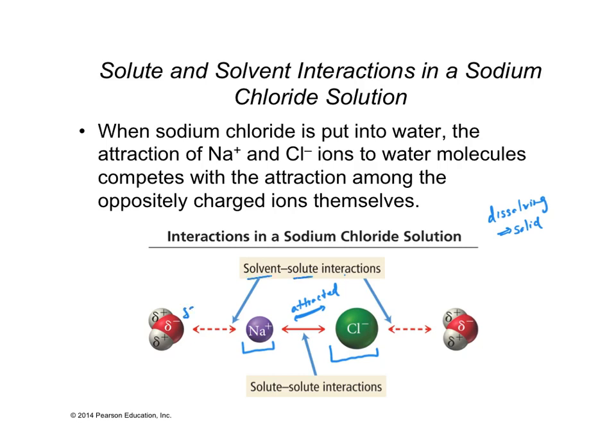We had our partial negative on the oxygen, partial positives on the hydrogens of the water, and these guys are going to come in, and the partial negative of the oxygen is going to be attracted to the positively charged cation of sodium, and the partial positives of the hydrogen in our water molecule are going to be attracted to the negatively charged chlorine ion, the anion. And so this is kind of like the battle that's occurring.